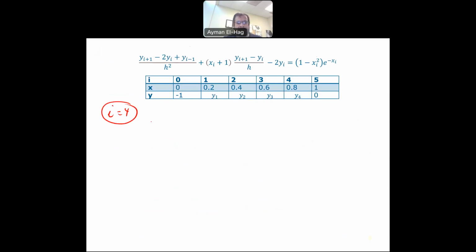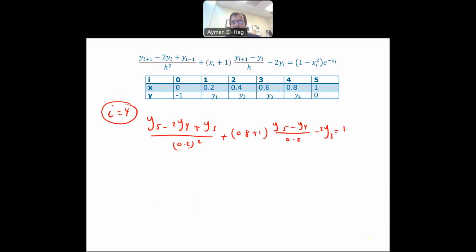Now here y5 minus 2y4 plus y3 divided by 0.2 squared, plus x_i is 0.8, so this is 0.8 plus 1, and this is basically y5 minus y4 divided by your h, which is 0.2, minus 2y4 is equal to 1 minus your x here, which is 0.8 squared e to the minus 0.8.